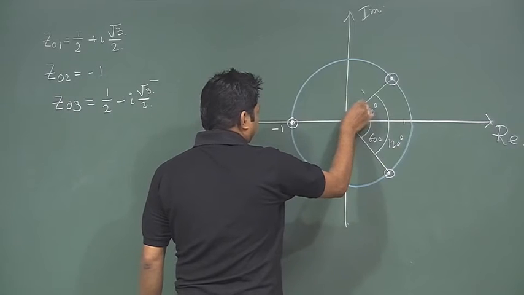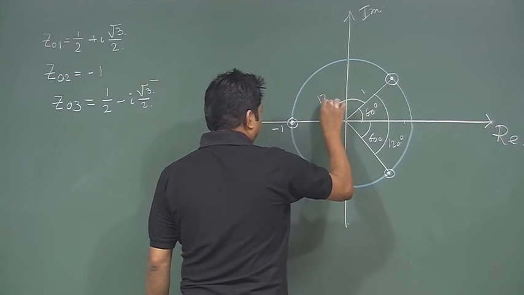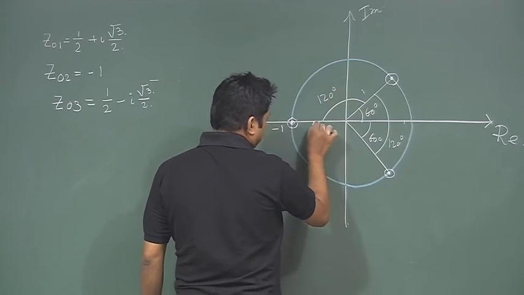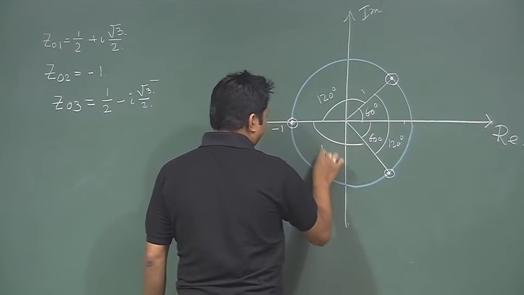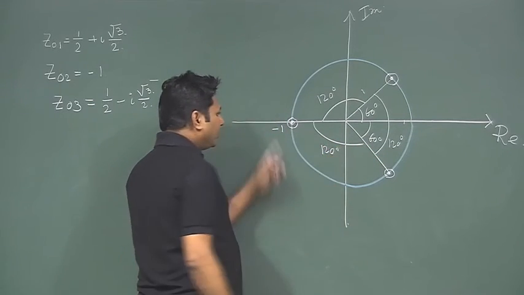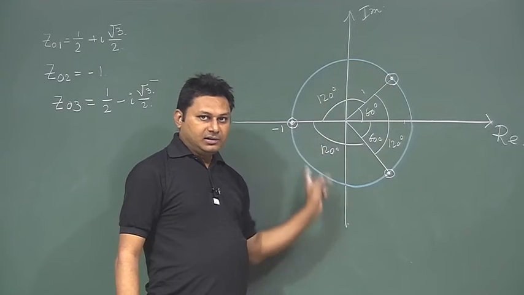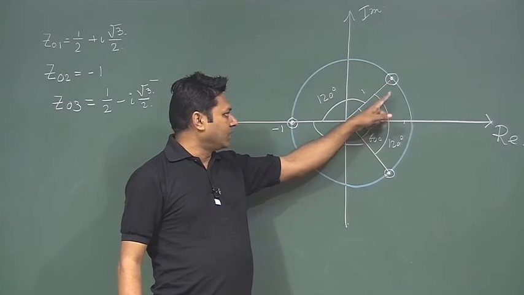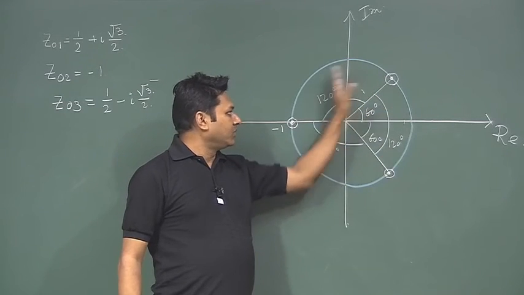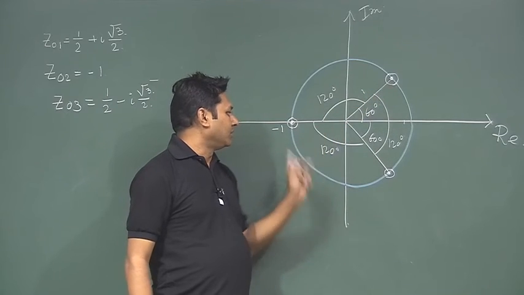The angle between this is also 120 degrees, and the angle between this and these two is also 120 degrees. So 3 roots are placed on a circle of radius 1. They are 120 degrees apart, so that they can fall like this.